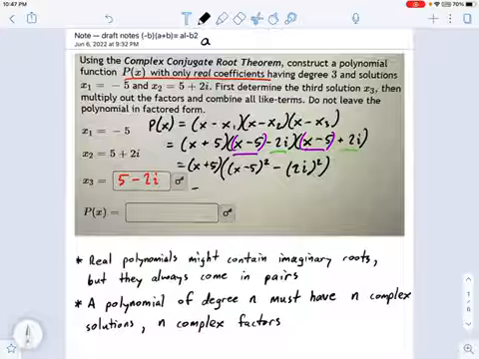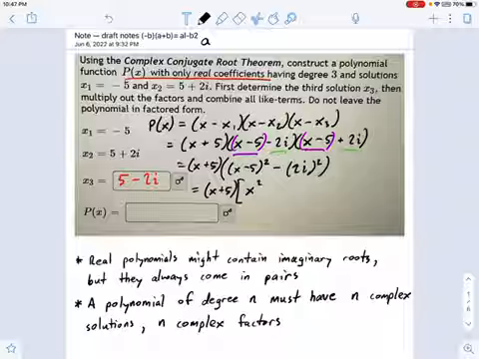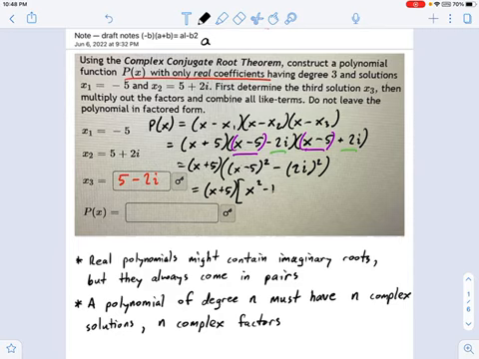So I'm going to say the following. This is still x plus 5 on the outside. And the inside of this thing becomes, well, x minus 5 squared is x squared minus 10x plus 25. And then I have that minus 2i squared thing, which is minus 4i squared, which, if you remember what i squared is, negative 1.